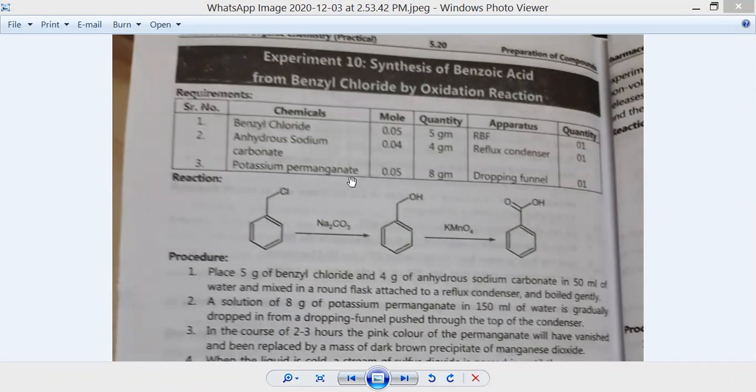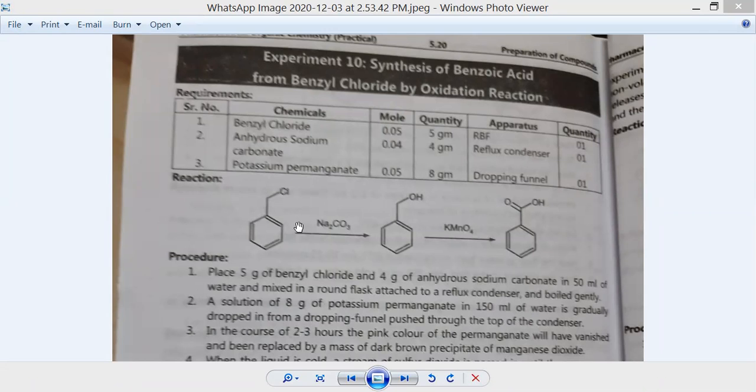Now, what is the reaction mechanism actually involved in this synthesis? The conversion basically involves two steps. Step number one, base hydrolysis. That means with the help of this alkaline base, we are breaking the bond between this carbon atom and this chlorine atom.